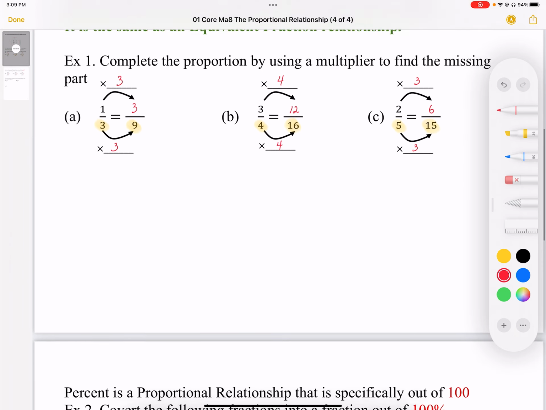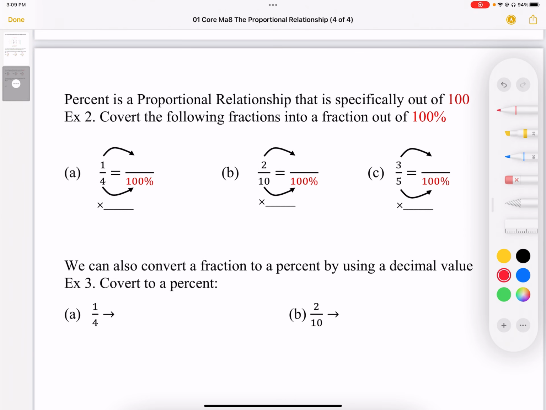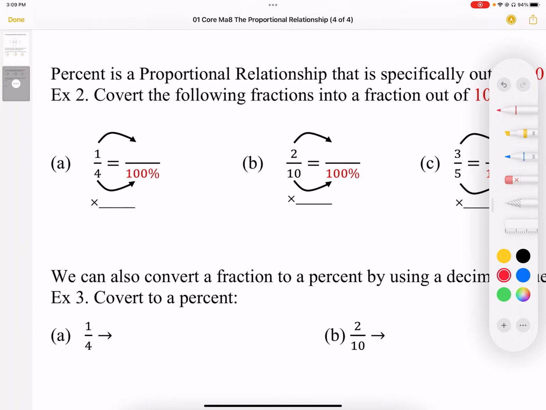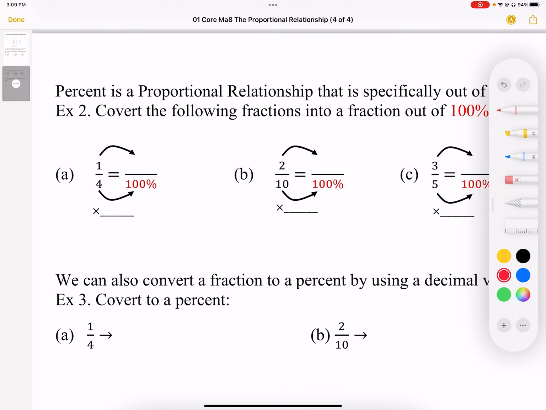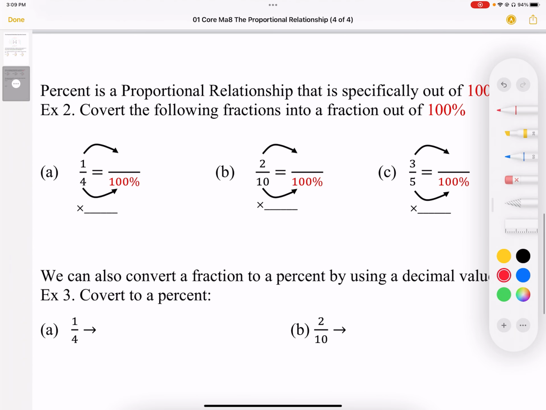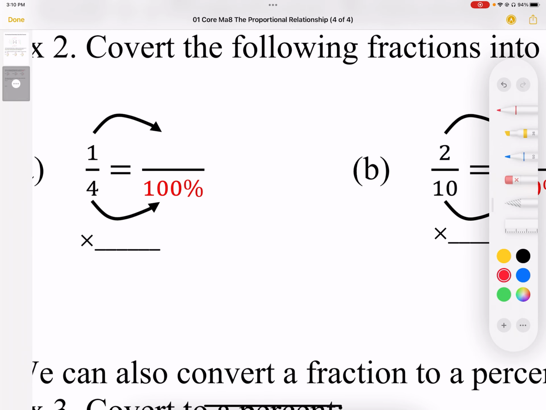We've done this before. When we talk about percentages, we're going to start with percentages. A percentage is just making it a fraction out of 100. So specifically, we're going to make this a fraction out of 100. We'll do the same thing. If I want to make 1 over 4 into a fraction of 100, I still need to find my multiplier between these two numbers. So I divide.